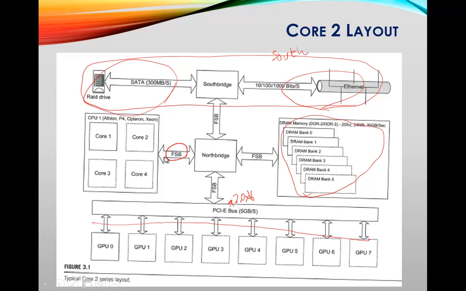And the problem with the front side bus is that it can run up to a 1600 megahertz clock. So the front side bus clock rate is limited to about 1.6 gigabits per second, and that would essentially be the limiting factor in terms of the Core 2 layout.